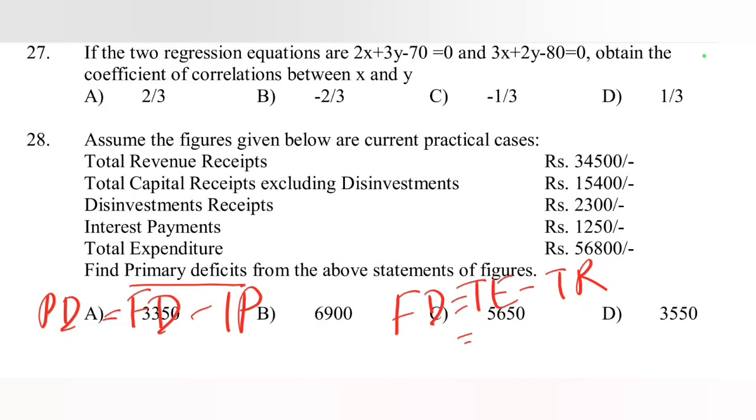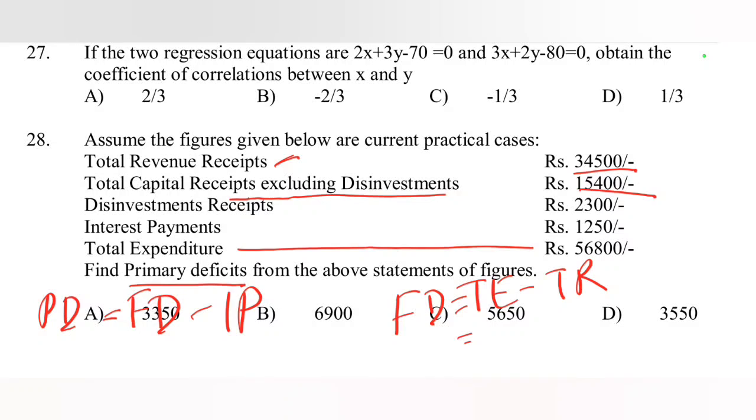Total expenditure here is 56,800, and total receipt includes all the receipts. First is total revenue receipt, that is 34,500. Second is total receipt excluding disinvestment, that is 15,400.